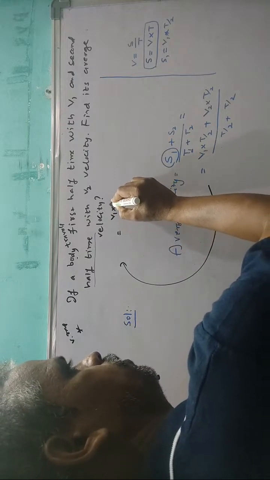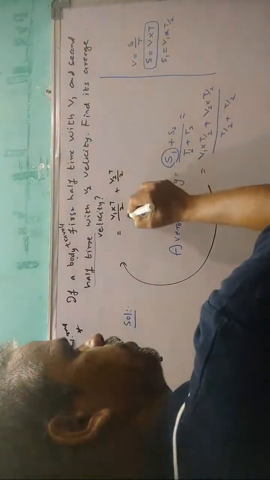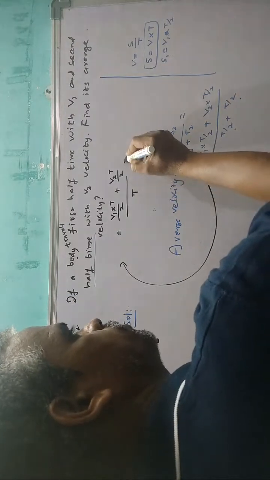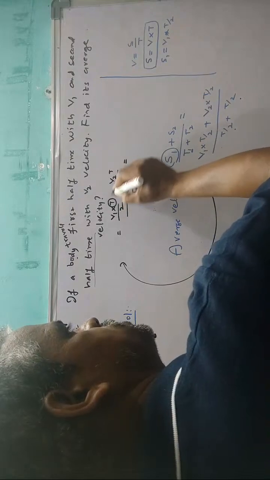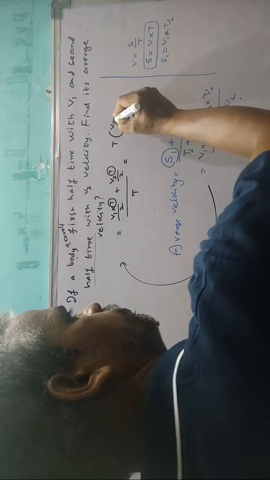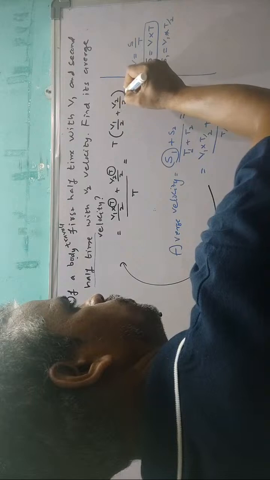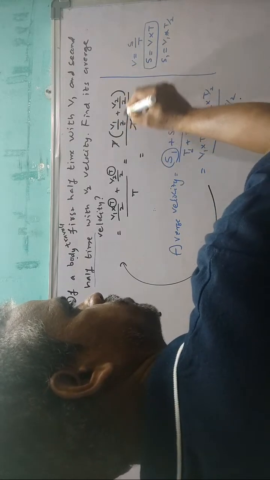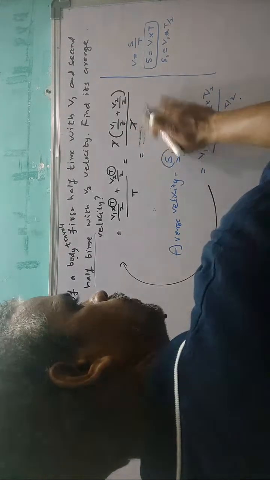v1 into t by 2 plus v2 into t by 2, t by 2 plus t by 2, half plus half equal to t. Then see, here t is there, here also t is there, t take common, v1 by 2 plus v2 by 2 by t, t will cancel, so denominator 2 is there, so v1 plus v2.